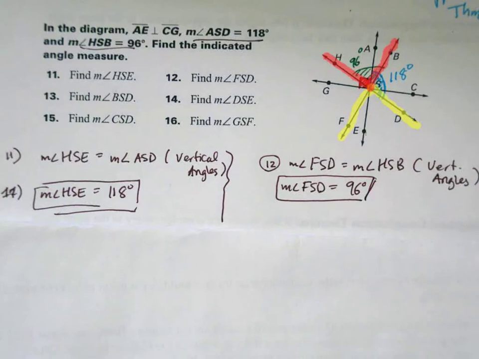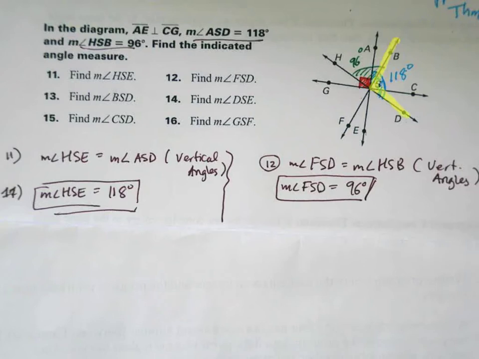And then I'm going to do one more of these problems and ask you to do the rest of them on your own. So let's do number 13, BSD. Let's clear this out and try again to highlight BSD. This is an angle that hasn't been given to us yet.